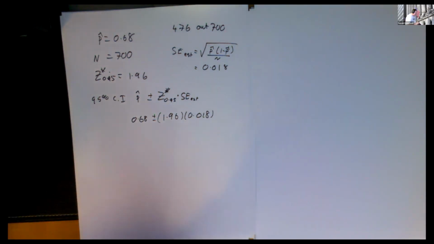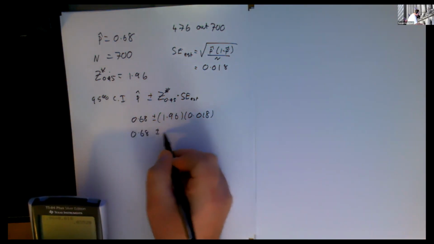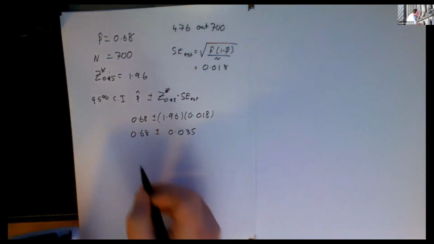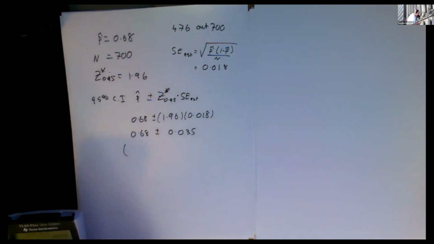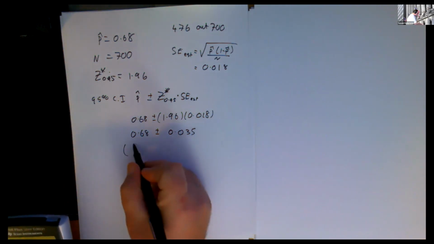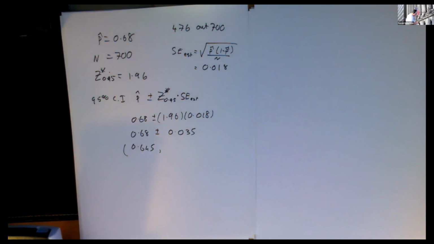And so I'm now going to get the margin of error, which is 1.96 times 0.018. And that's 0.68 plus 0.035, which gives me 0.68 take away that, which is 0.645, and then 0.68 add that, 0.715.